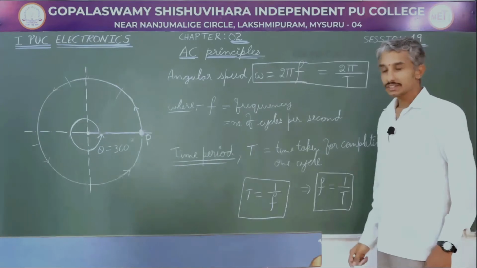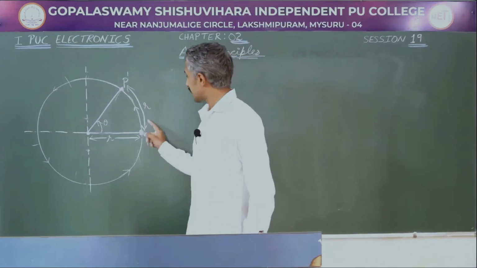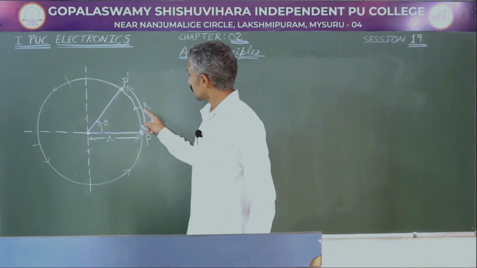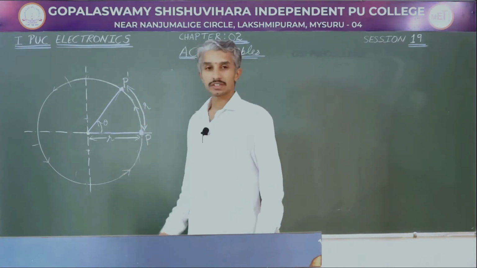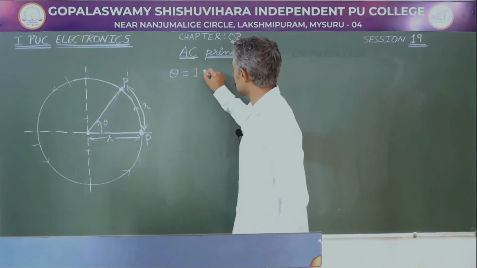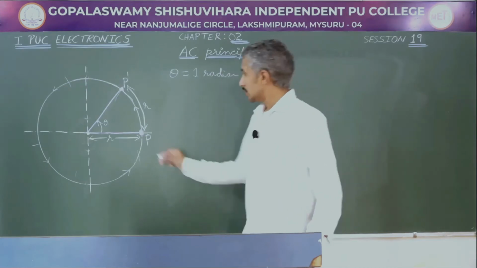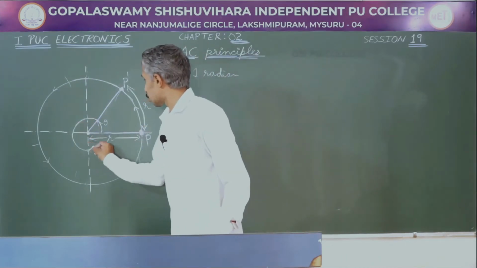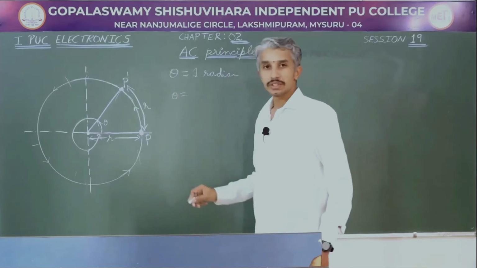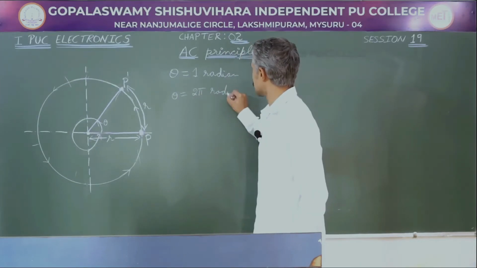We will recall once again. If an object is in circular motion, if it has travelled a distance of r, which is equal to the radius of the object, then the angle covered is told to be 1 radian. If the same object covers one complete circle, then the angle covered would be equal to 2 pi radians.